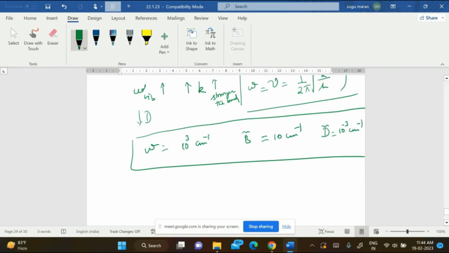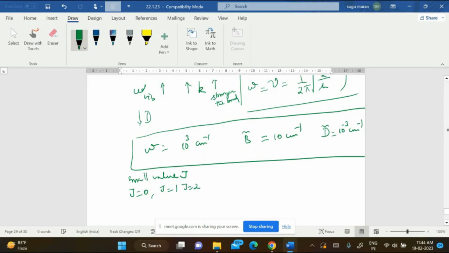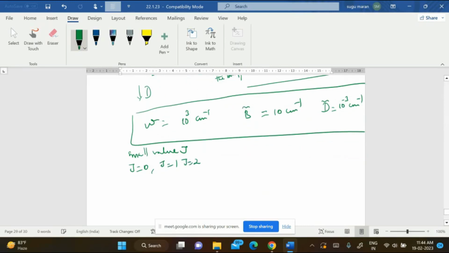So for small values of J, J0, J1, J2, etc., the D bar J squared (J plus 1) squared term is almost negligible.